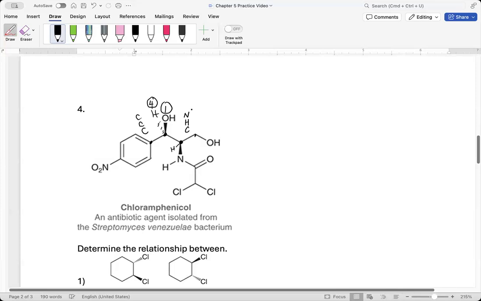So remember, when we're comparing these 3 groups, the first thing that we do is we compare the highest atomic number atoms. So on the left, the highest atomic number is a C, and on the right, the highest atomic number is a nitrogen. So 14 wins out over 12, and that means this group over here on the right is going to get the 2.